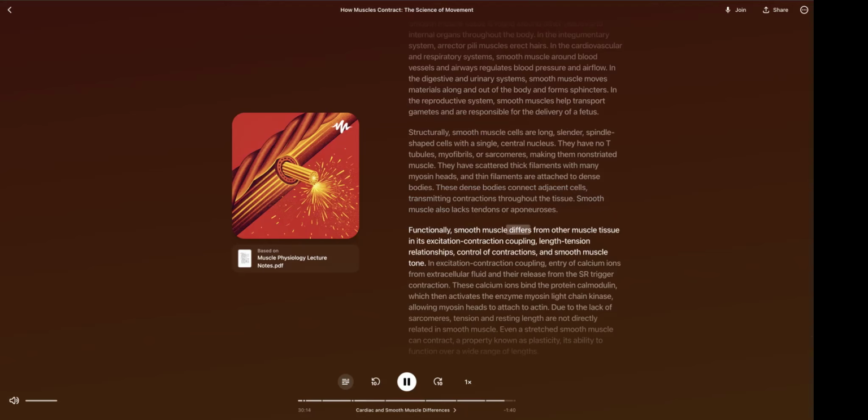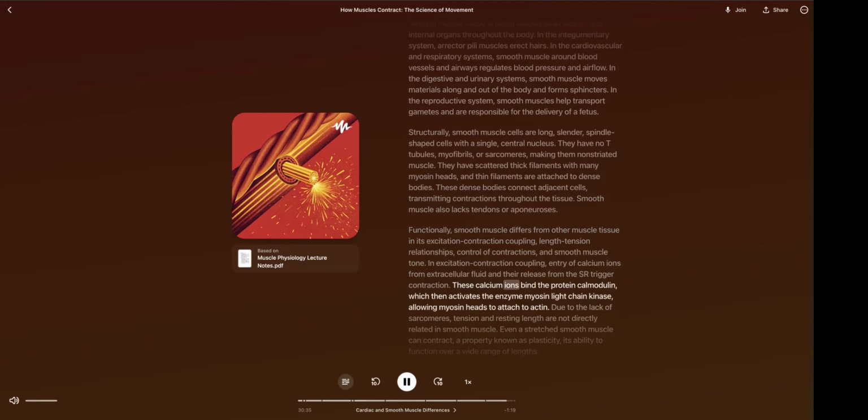Functionally, smooth muscle differs from other muscle tissue in its excitation-contraction coupling, length-tension relationships, control of contractions, and smooth muscle tone. In excitation-contraction coupling, entry of calcium ions from extracellular fluid and their release from the SR trigger contraction.